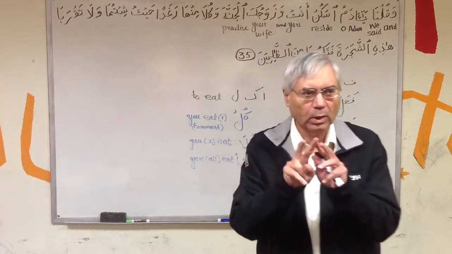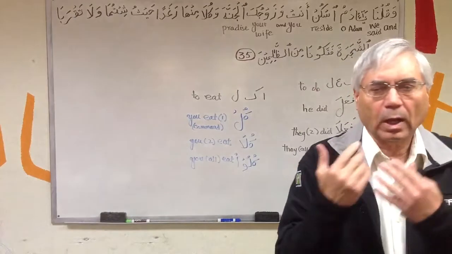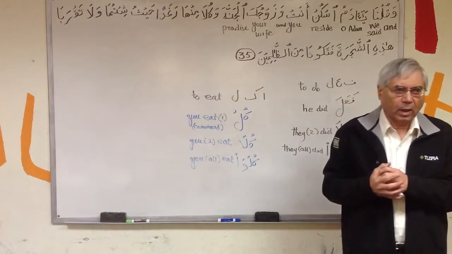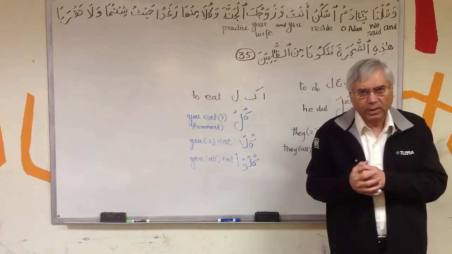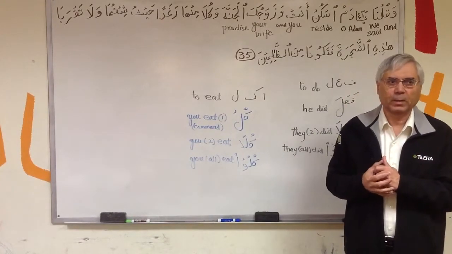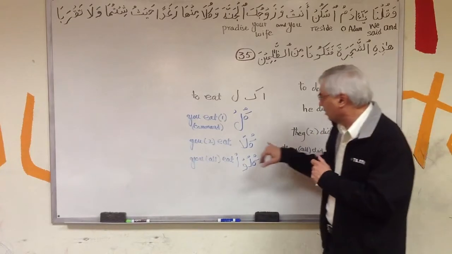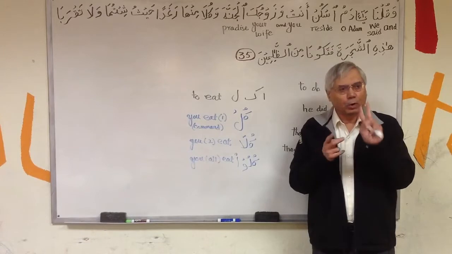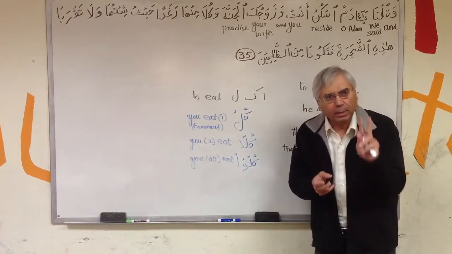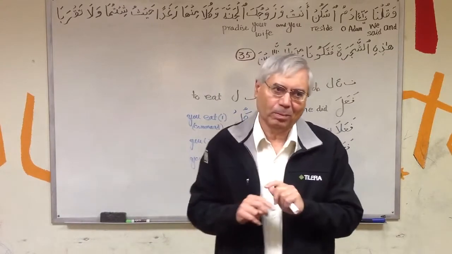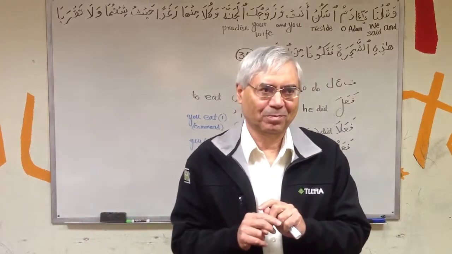You 2 people. Who are 2 people? Husband and wife. Okay, Adam and his wife. Allah subhanahu wa ta'ala is telling both of them, you both eat. Okay. Now this word, these 2 people can be both men, can be both women, well, not both women, but 1 man and 1 woman. Okay.